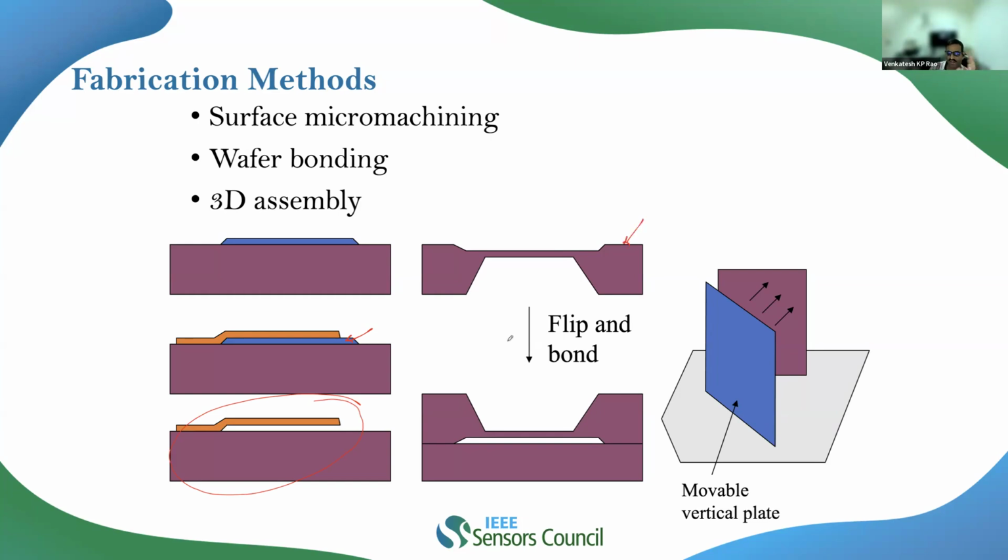I do the bulk etching of the silicon from the top until the desired wafer thickness is achieved. The top side bulk etching is meant for giving the gap between the top electrode and the bottom electrode. Now, I am going to flip this and bond it onto the second electrode, using anodic bonding, so that you form a capacitor between the top plate and the bottom plate.